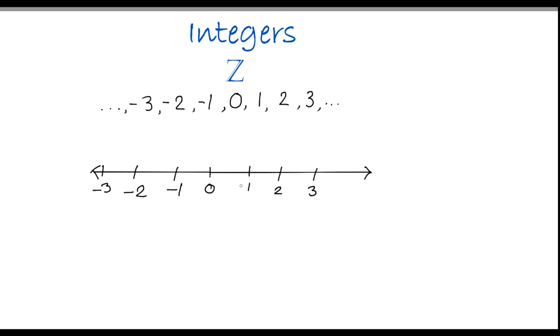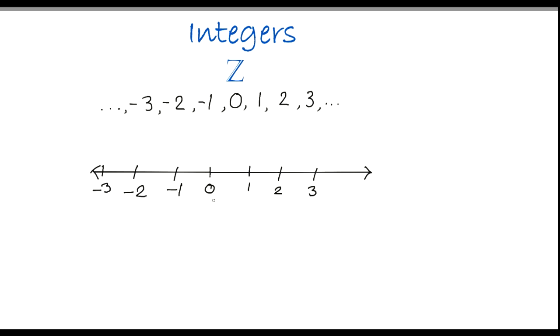We call them integers, and we symbolize the integers with this kind of Z, right? So we have the integers here. Integers include all the whole numbers and the negatives of the counting numbers.